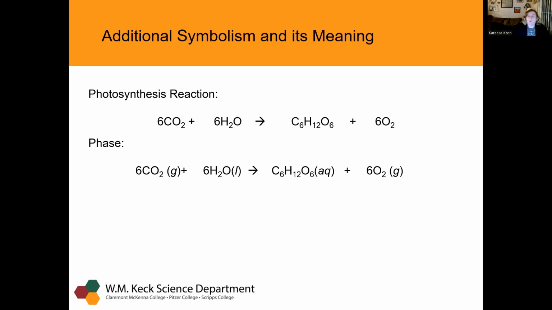So if we want to, we can describe the phase of the system. So CO2 is a gas when a plant ingests it to do photosynthesis. Water is a liquid. Oxygen that comes out is a gas. And this aqueous here is actually a little dependent on the field that you're in, but what it can mean is something in water.